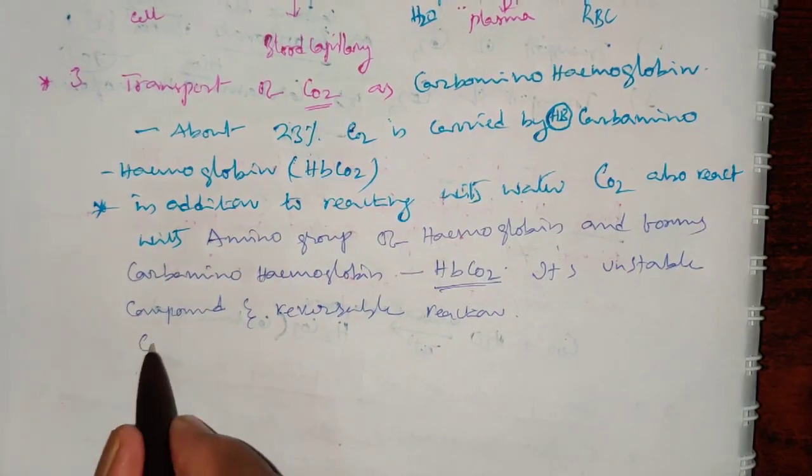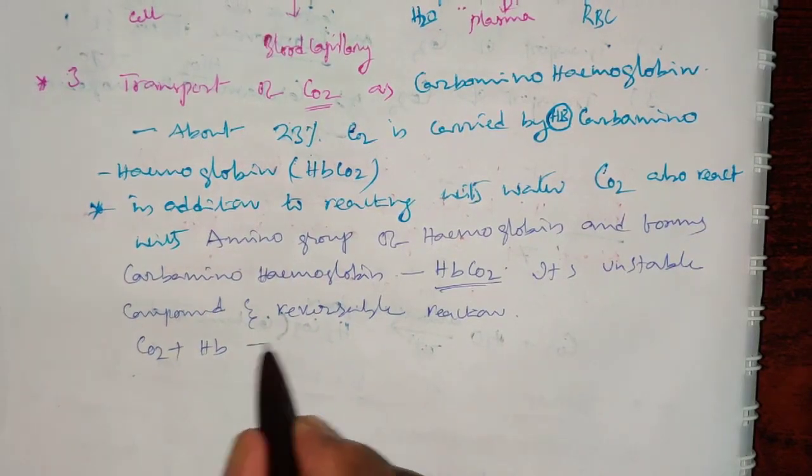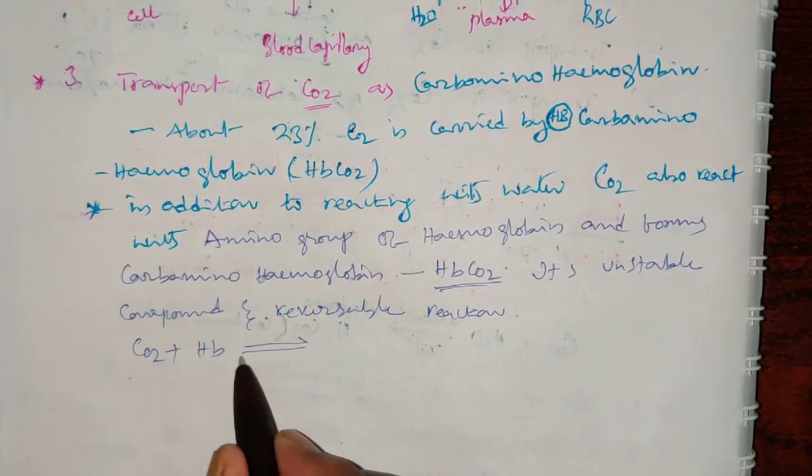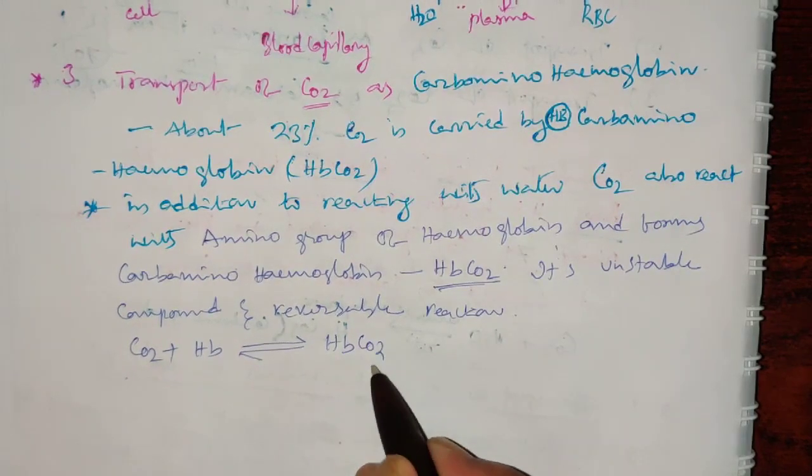That means CO2 plus hemoglobin, a reversible reaction, forms carbaminohemoglobin.